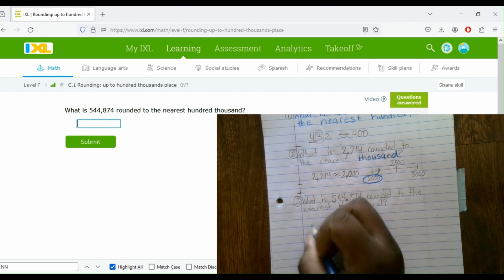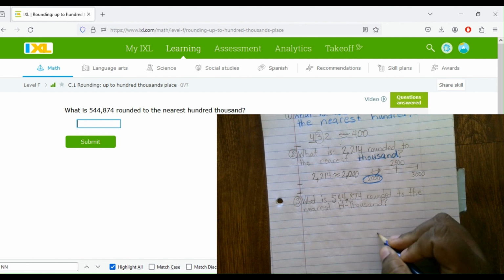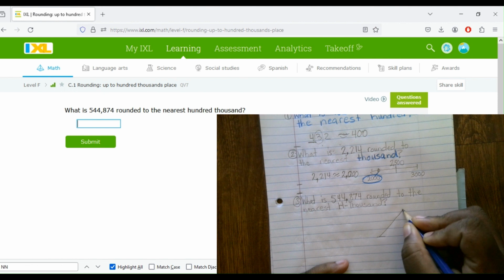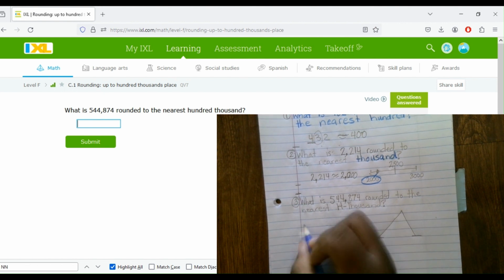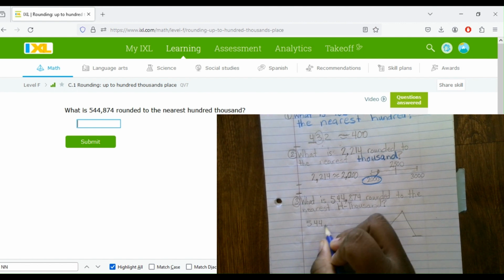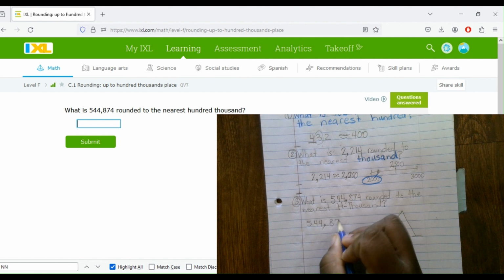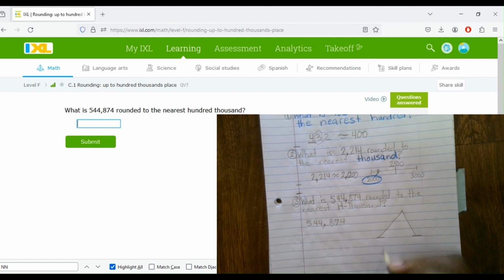Again, we have multiple strategies for rounding this. We can visualize it on a V line as well. Since I'm asked about 100,000s, for 544,874, my nearest 100,000s will be 500,000 and 600,000.